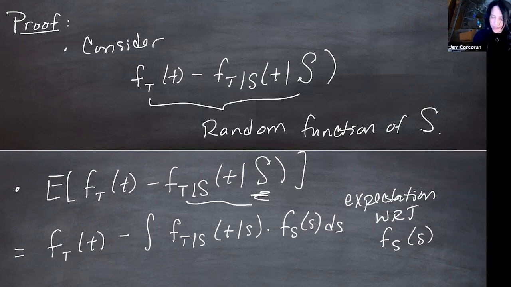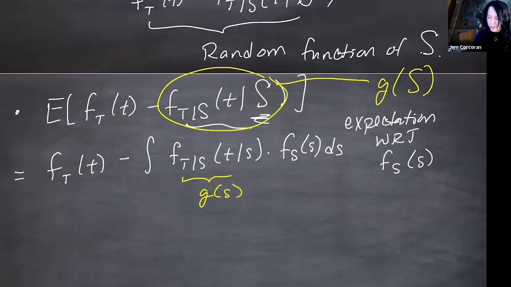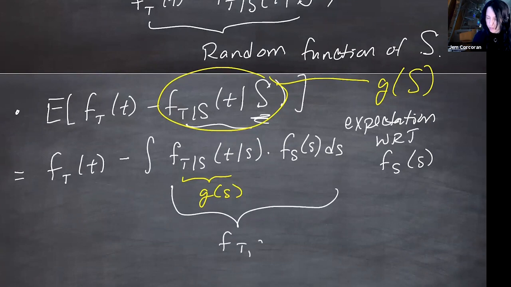This is, again, like some G of S, and I'm using the law of the unconscious statistician to take G of little s in front of the PDF for S. So if I multiply this conditional PDF times this marginal PDF, that gets me the joint PDF.